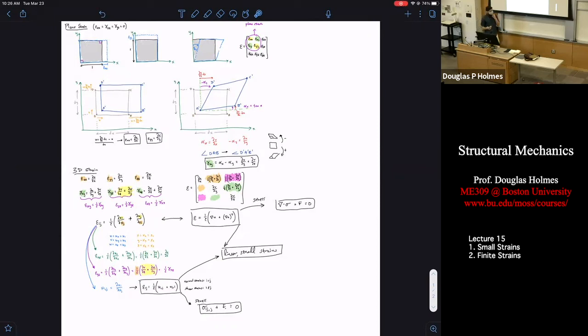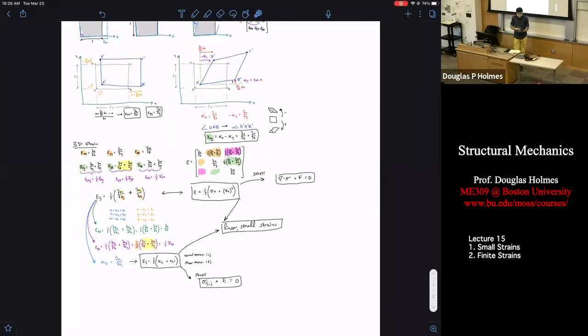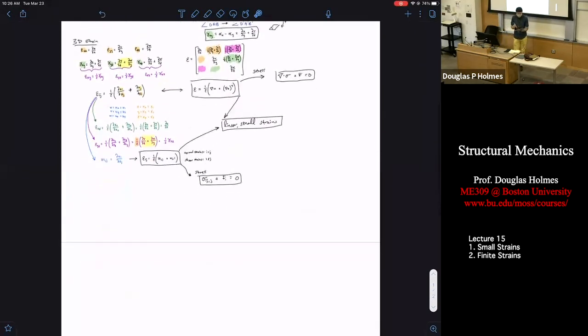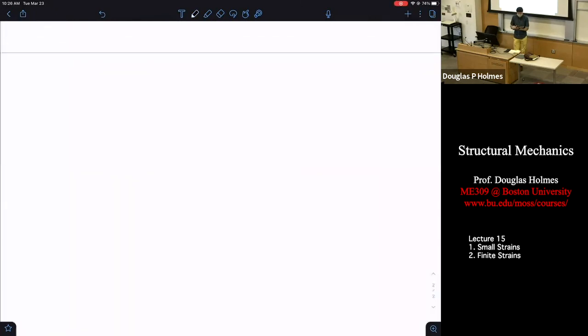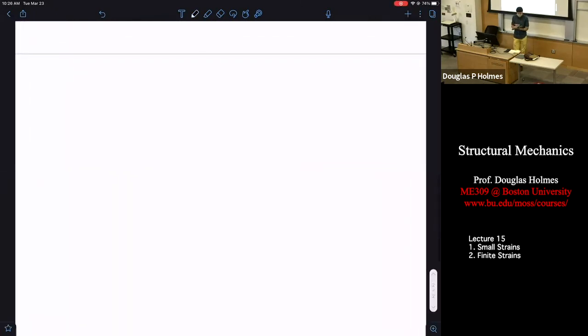So let me take the remainder of class to show you what the nonlinear strains look like. Write it down if you want, or just follow along if you can. This is mainly for what I think will be beneficial for you in the future.